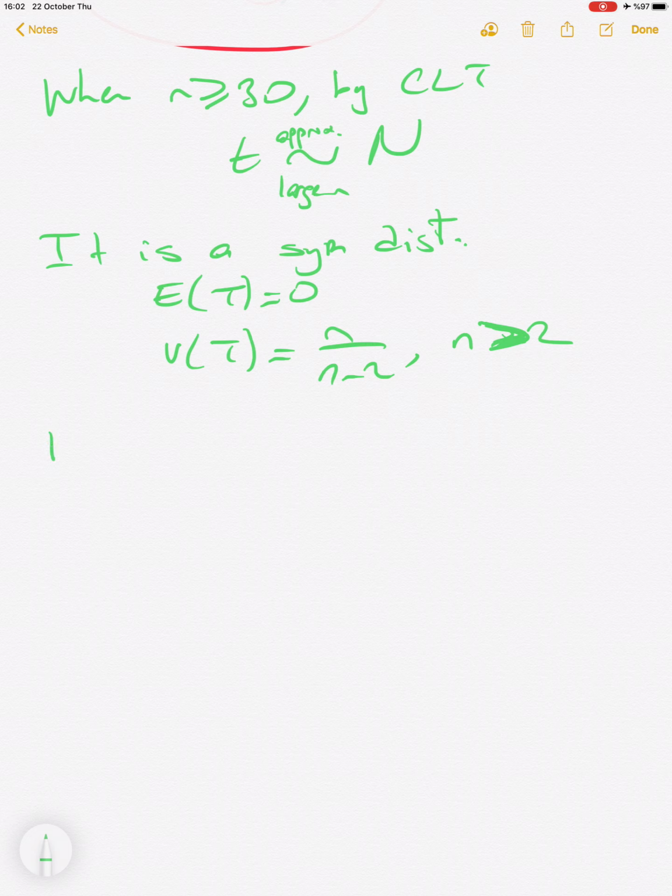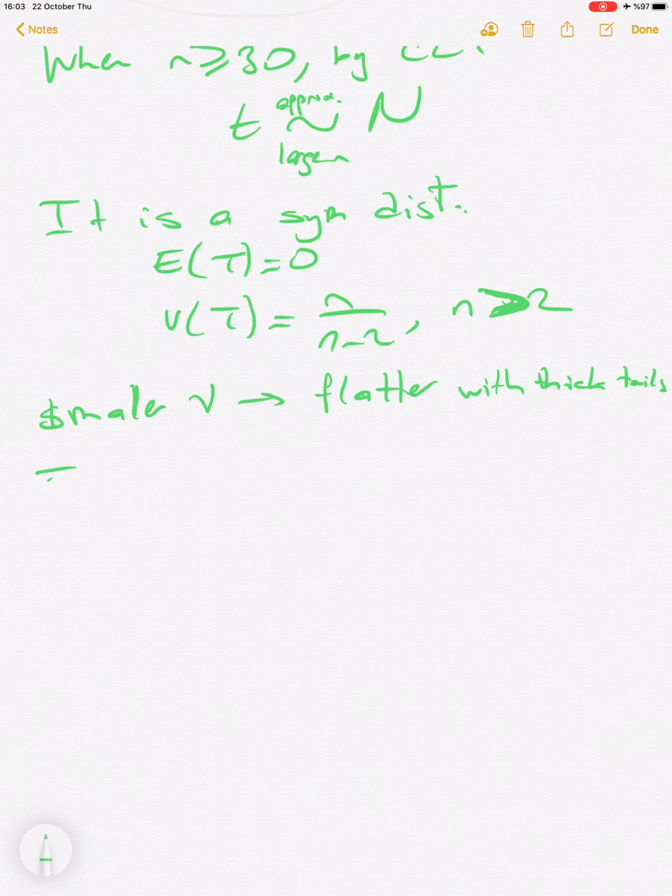For smaller degrees of freedom, the distribution is flatter, platykurtic type with thick tails. When nu equals 1, t is actually a Cauchy distributed random variable with parameters 1 and 0, so the variance does not exist.